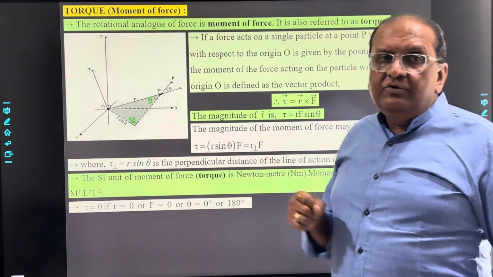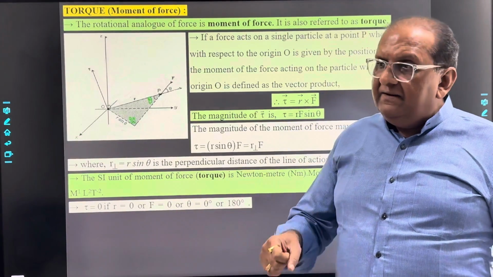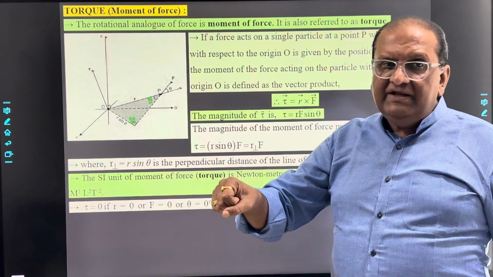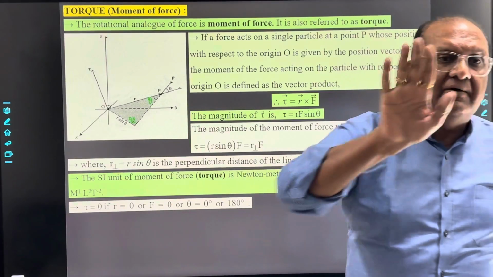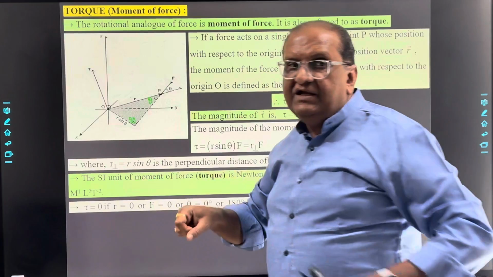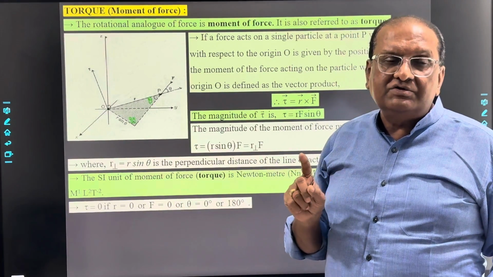Suppose you want to open or close the door, then when you hold the handle, if you apply the force parallel to the door or in the opposite direction but parallel to the door, then the door will not open or close.